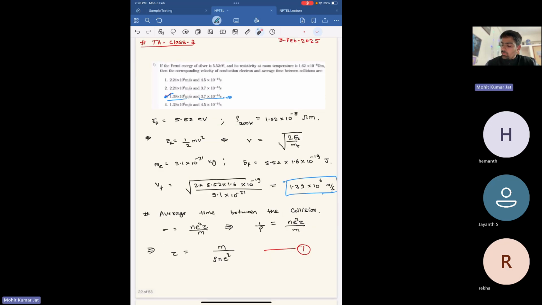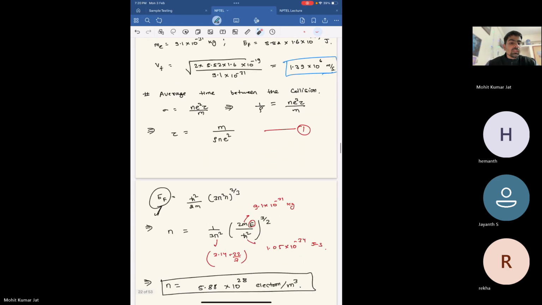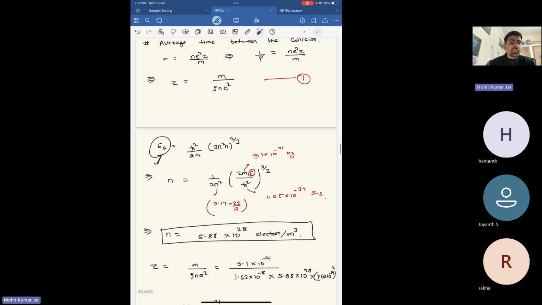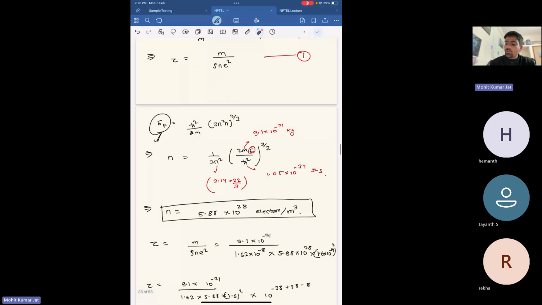So tau can be written in terms of the resistivity, mass, carrier density, and the electron charge like this, and therefore this can be extracted. So n we extracted from the EF because we know that EF is given as 3 pi square n to the power 2 by 3.